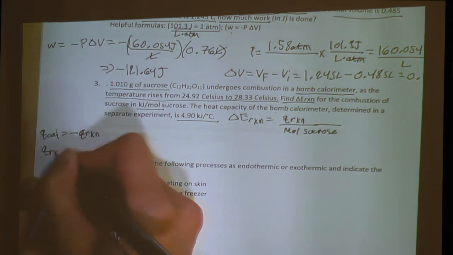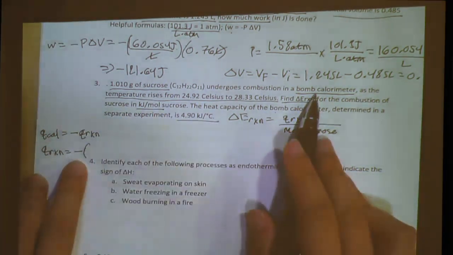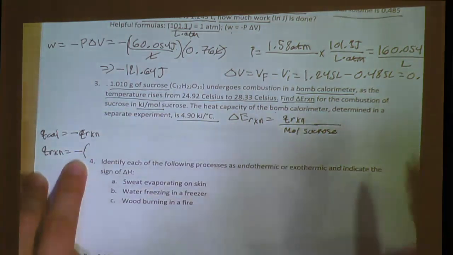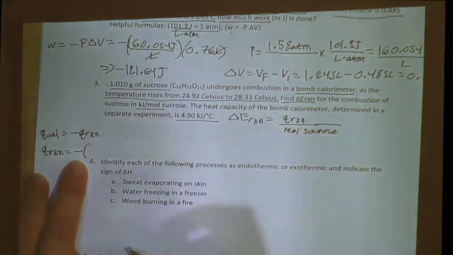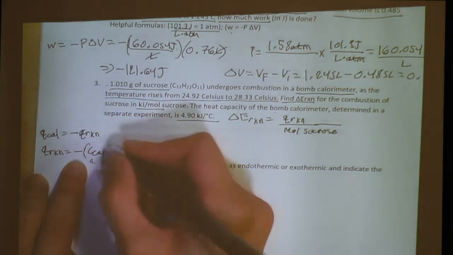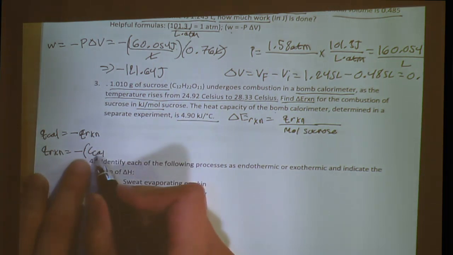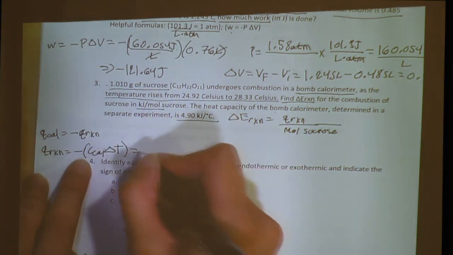So Q reaction is equal to negative... What do we use for a bomb calorimeter? Is it Q cal or Q mcΔT? Q cal, perfect. So we're going to have Q cal, and that's just heat capacity times change in temperature, right?